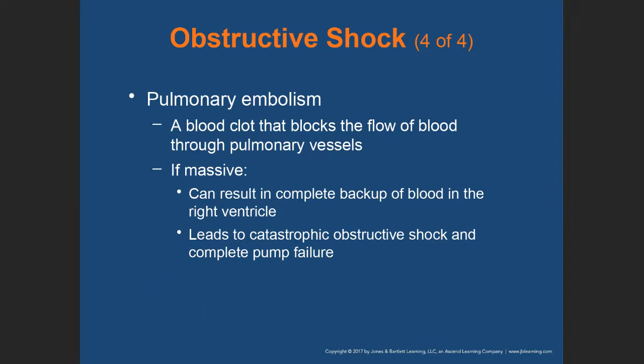Females that are on birth control, so there are certain birth controls that can cause clots to form in the blood vessels. And a patient that's recovering from surgery, hip surgery, surgery to the lower extremities, they can have clots form in these areas that can result in a pulmonary embolism.